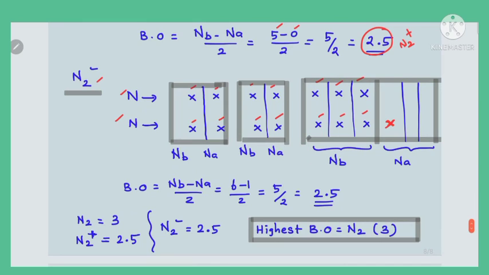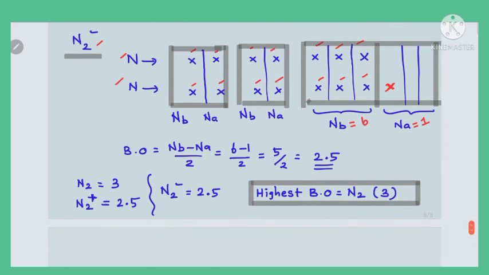Now the number of electrons in the bonding molecular orbital is 6 and in the anti-bonding molecular orbital is 1, isn't it? Substituting in the formula Nb minus Na divided by 2, 5 by 2 is 2.5. So nitrogen bond order is 3, N2 plus ion 2.5, N2 minus also 2.5.